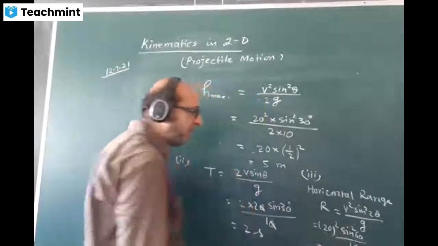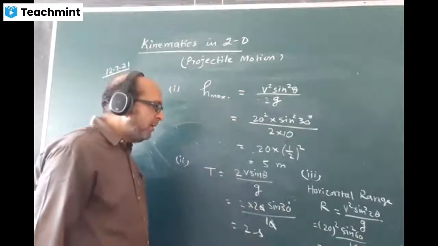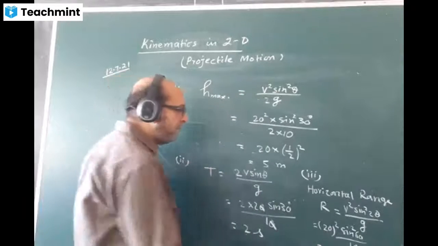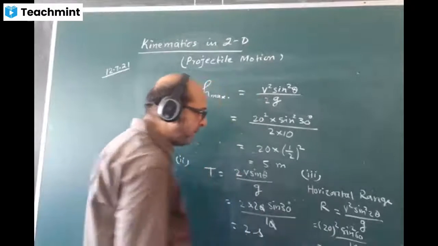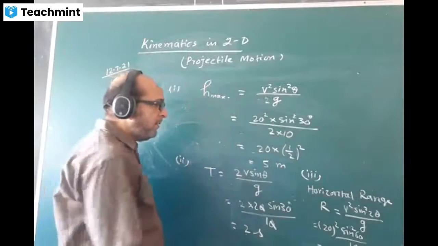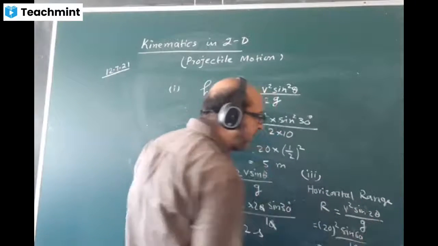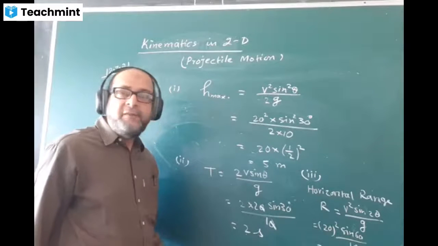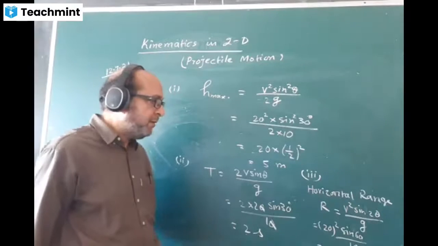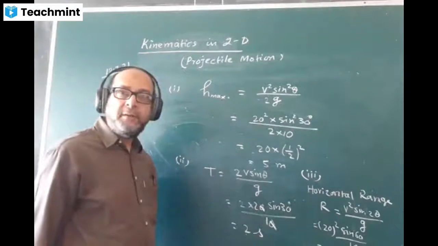Now calculate the answer using a calculator. Sorry, I made a mistake here, writing sin square. It is only sin 2 theta, sin 60, no square. V square sin 2 theta by g. Please make the correction.